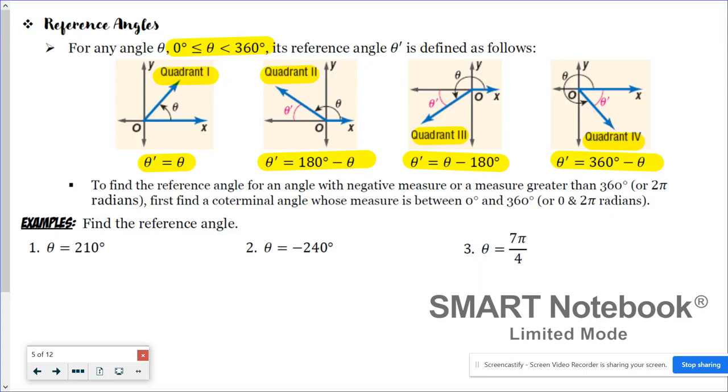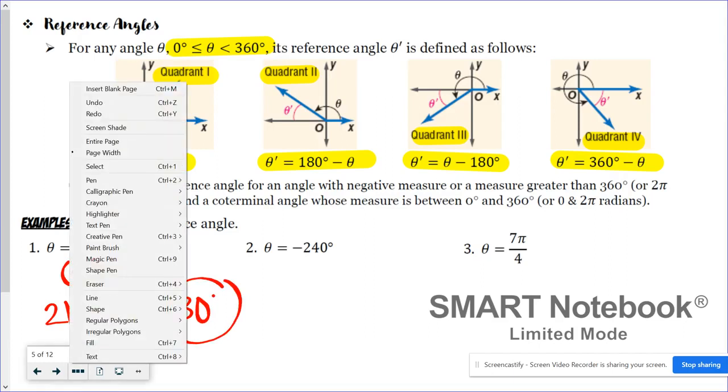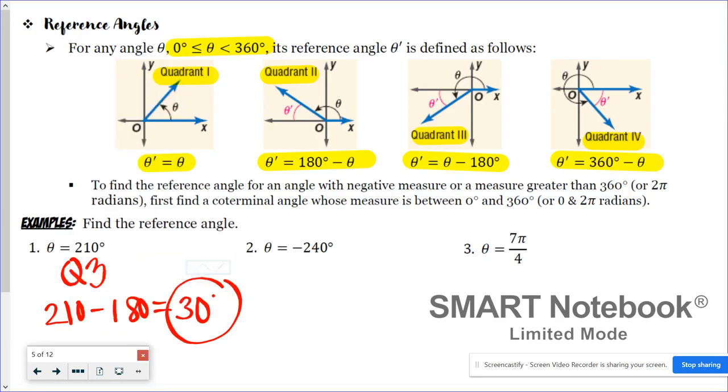So 210 degrees. I know that this is in quadrant 3, and you should too. And our rule for quadrant 3 says theta minus 180. So if I go 210 and I subtract 180, I get 30, and that is my reference angle. Easy. In problem number 2, the given angle is negative 240 degrees.